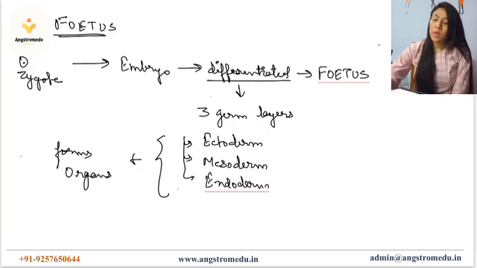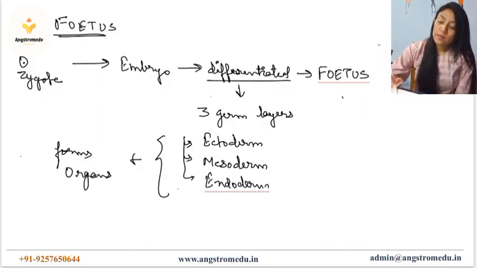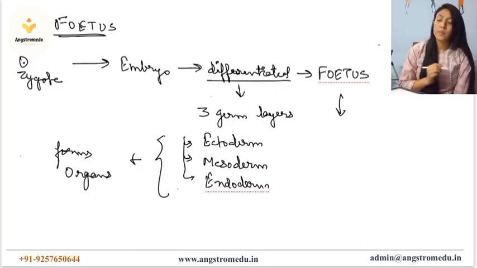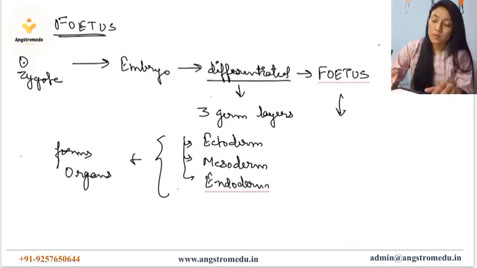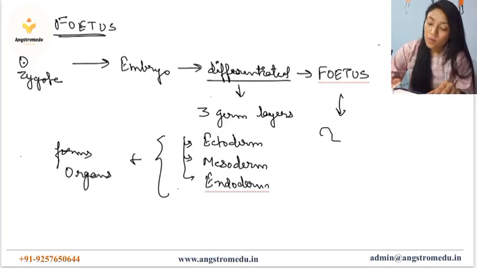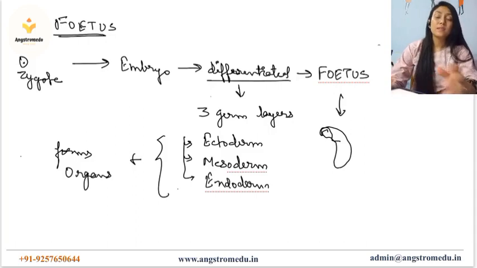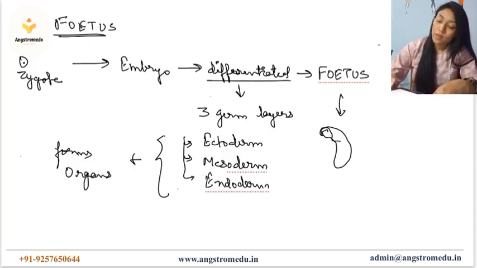After the fetal stage is completed and these layers have formed all the organs, the shape of the embryo appears something like this, and then it starts developing limbs and everything, and finally produces a baby.